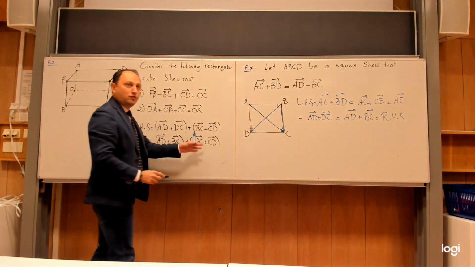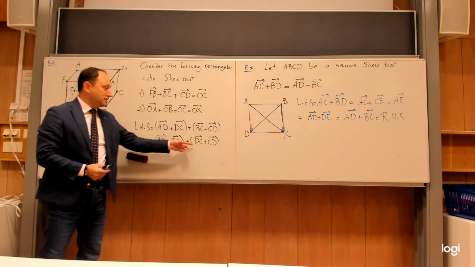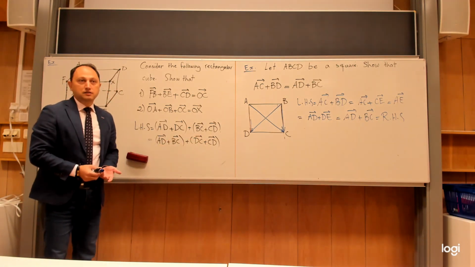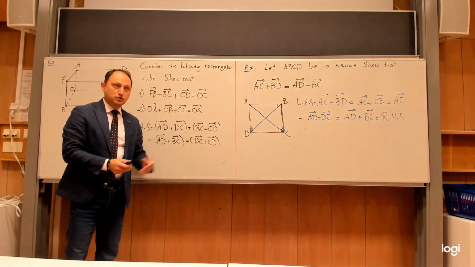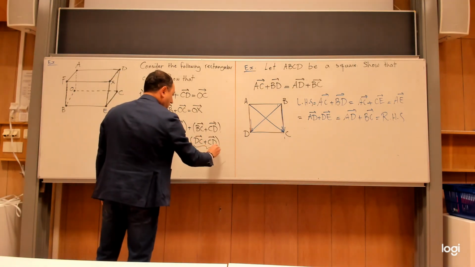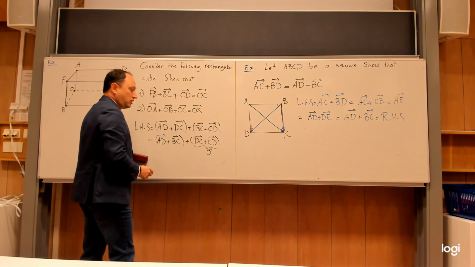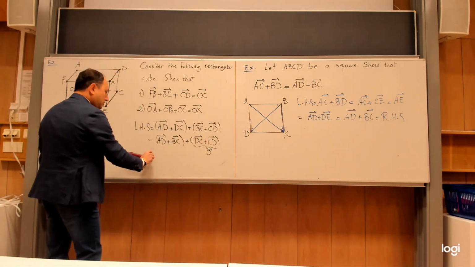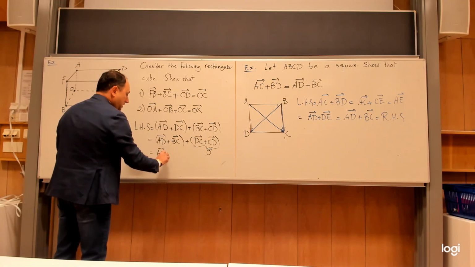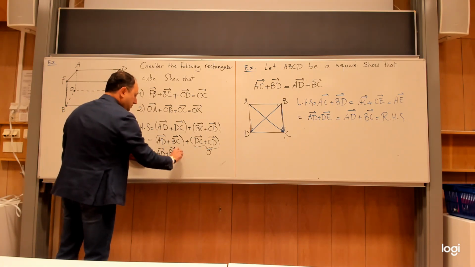But these leftovers are not a problem. What is DC plus CD immediately? Yeah, the zero vector, because DC and CD are opposite to each other. So the sum is actually the zero vector. You can use the Chasles rule: you can say DD, and DD is just zero. And then what you get is AD plus BC, and that is the right-hand side, yes?